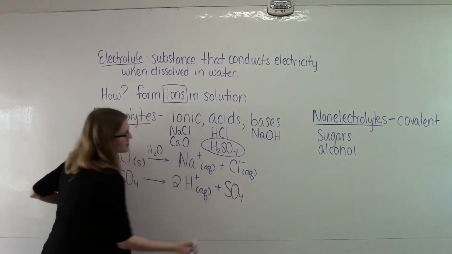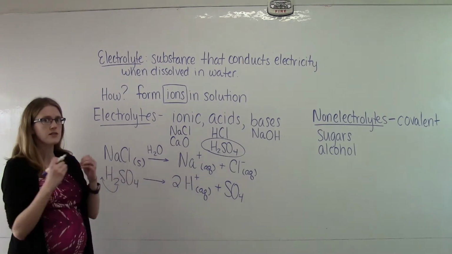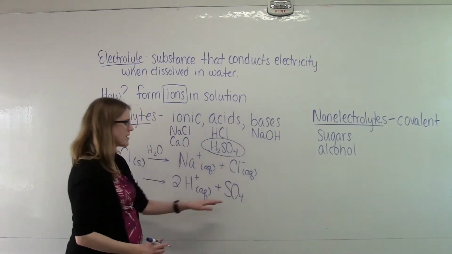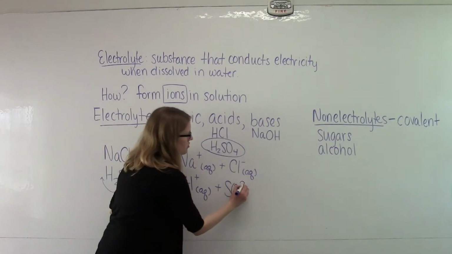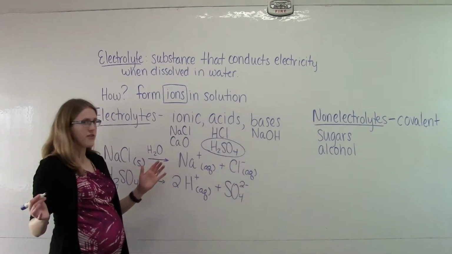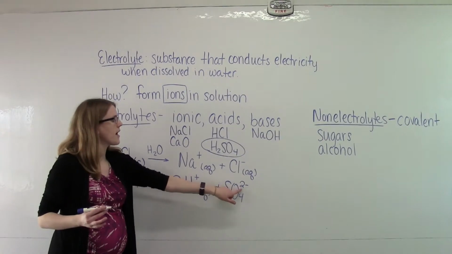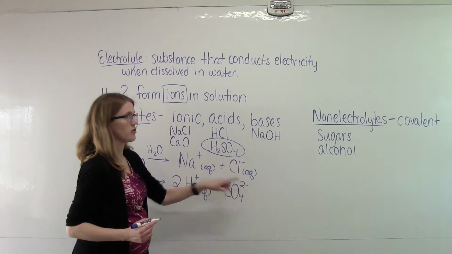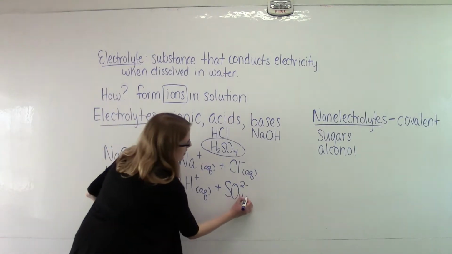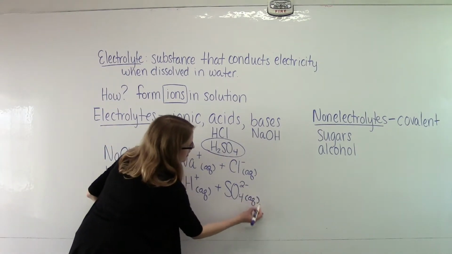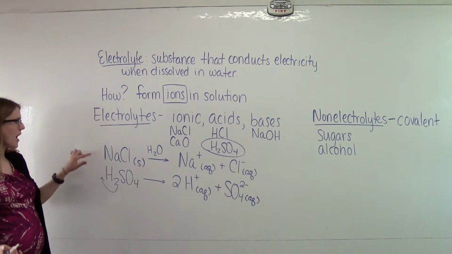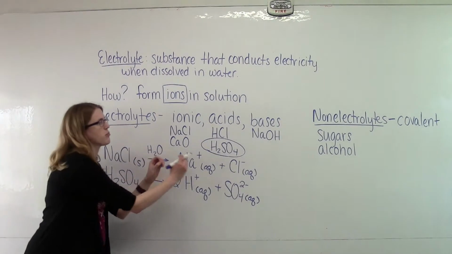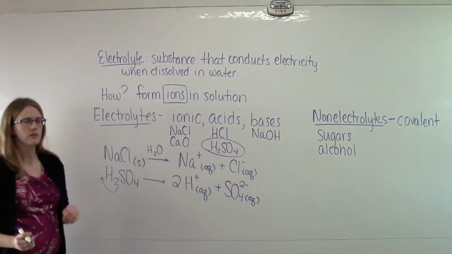Polyatomic ions do not split apart themselves, so we don't break apart the sulfur and the oxygen. Sulfate has a 2- charge. If you don't have that memorized, do you remember where we looked to find that? Yeah, your reference table, which tells you what the charge is. And that's aqueous. So you see how acids and ionic substances break apart in solution.